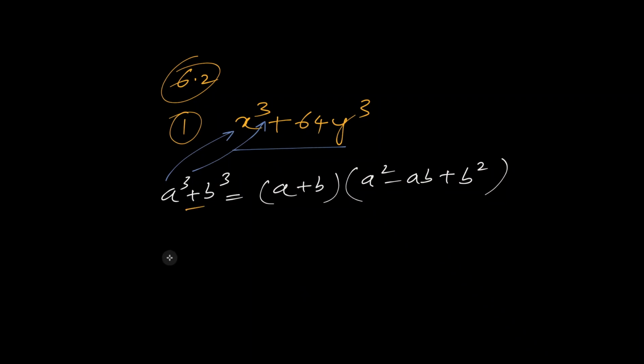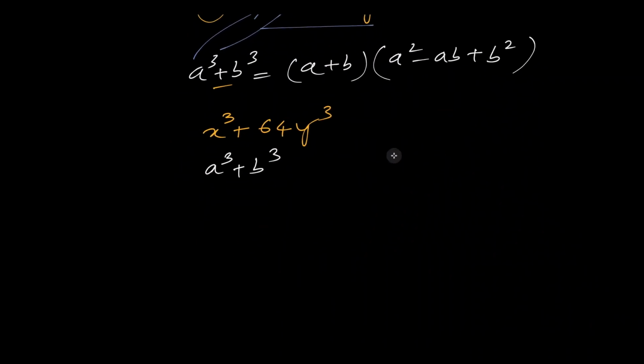First, let me write x cube plus 64y cube. Now, is it in the form of a cube plus b cube? Since we know the formula for a cube plus b cube, first we'll bring the question in this format. Okay, now instead of a, we can say x whole to the power cube, plus what is b here? B we don't know. It should be in the form of cube.